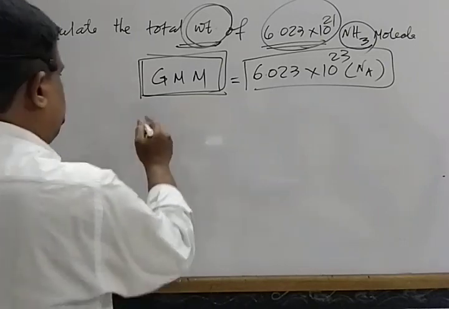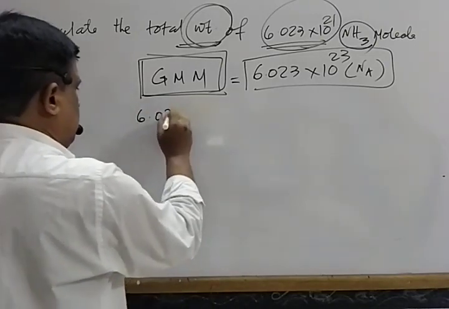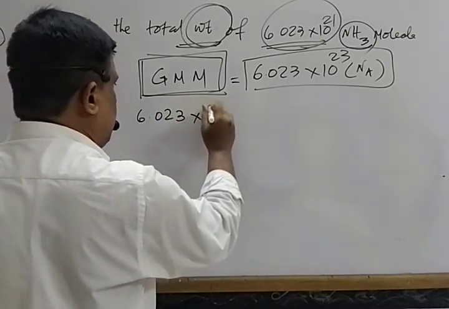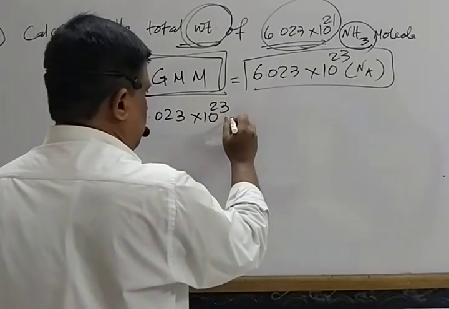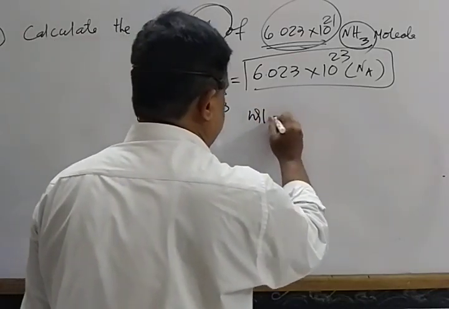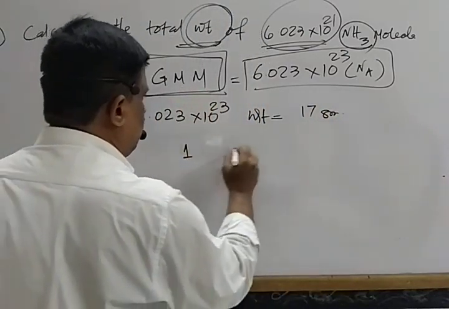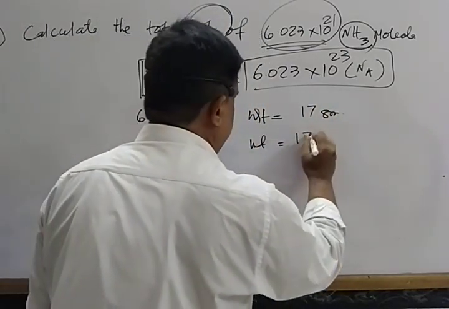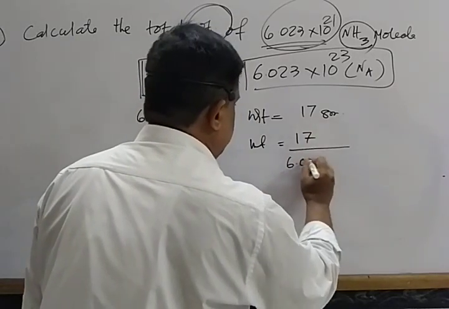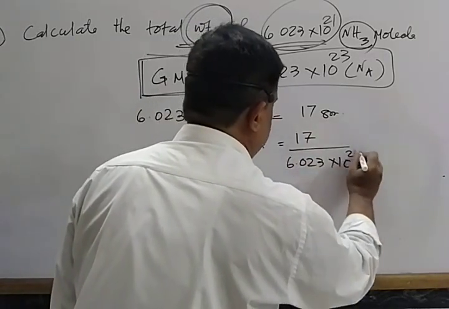Mark that. 6.023 into 10 to the power 23 number of molecular weight is equal to 17 gram. One number of molecular weight is equal to 17 by 6.023 into 10 to the power 23.